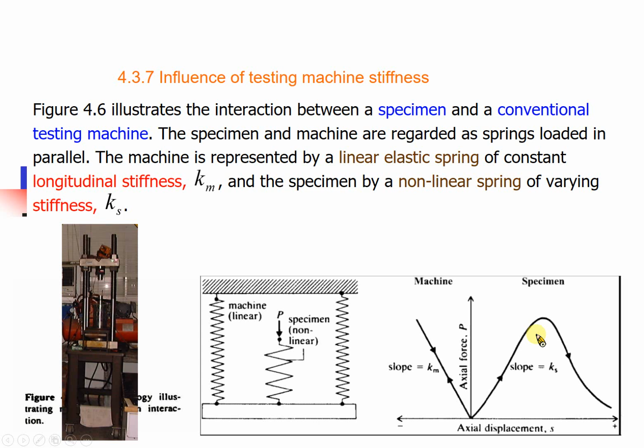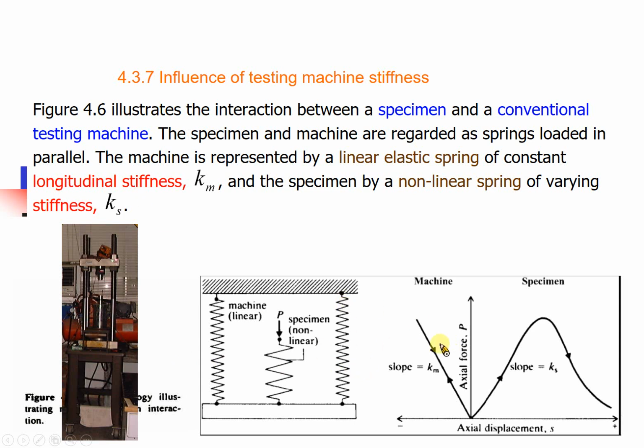I'm not sure if I have enough time because I have to leave at 30. I will try, 5 minutes left. The specimen will be here, and you will load the specimen. Then this will be the stiffness of the machine. If we assume the stiffness of the rock and the machine can be represented by springs, you imagine it is a spring.